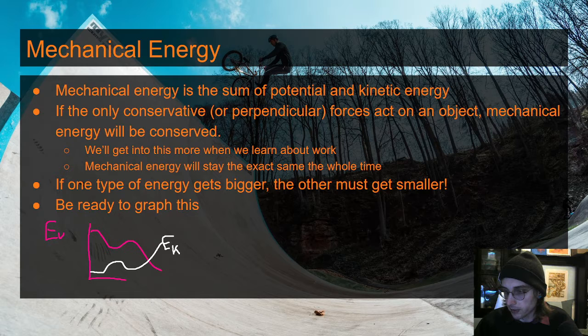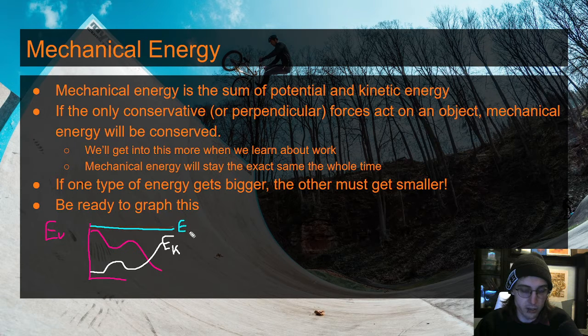And our mechanical energy should look something like this in gray, which is arguably the worst color for me to have picked there. That was somehow worse. We'll keep trying till we find one. Electric blue. Yeah, there we go.